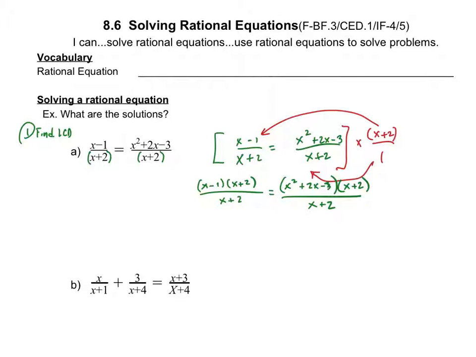And here's what we were talking about when it clears out your denominator. We know that (x + 2)/(x + 2) is going to give me a 1, and also on the other side it's going to give me a 1. Therefore, I'm going to have x - 1 = x² + 2x - 3.